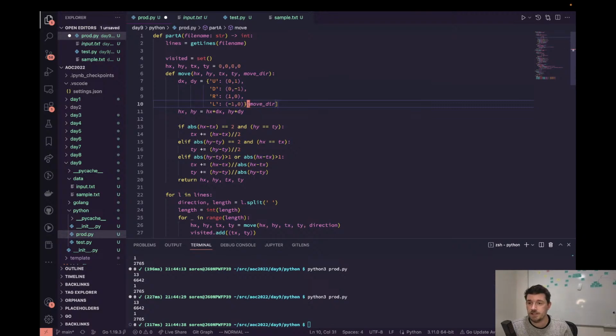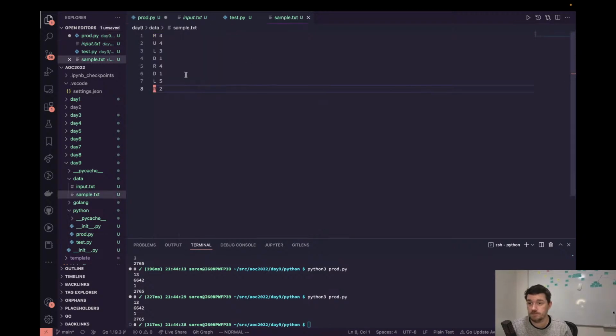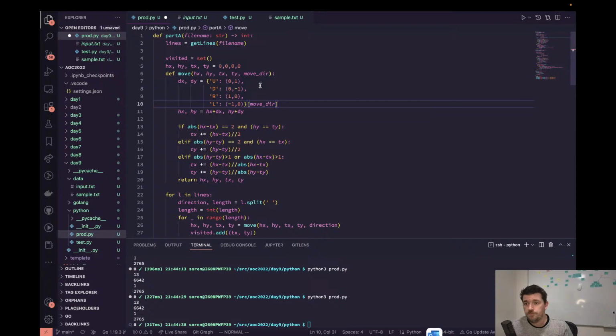And then I use the move direction from the file, R, U, L, and D, as the key into this dictionary, and that means I get my dx and dy out like that. Then I can add those to the head x and head y and get the new values for that.